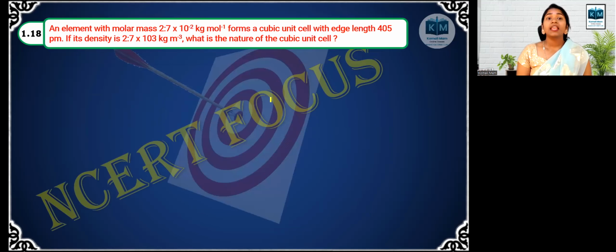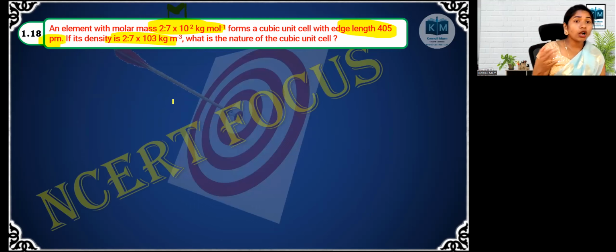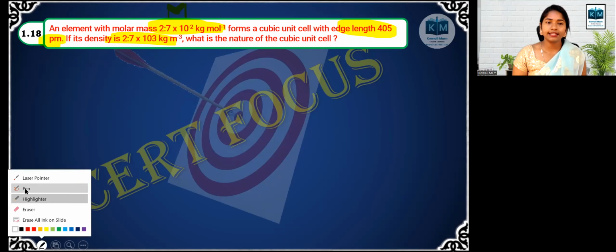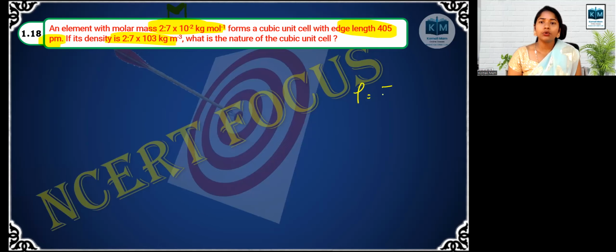Next question. An element with molar mass 2.7 into 10 power of minus 2 kg per mole, edge length 405 picometers, and density 2.7 into 10 power of 3. What is the nature of the cubic unit cell? How to solve this numerical? Rho is equal to ZM by a cube Na is the formula.